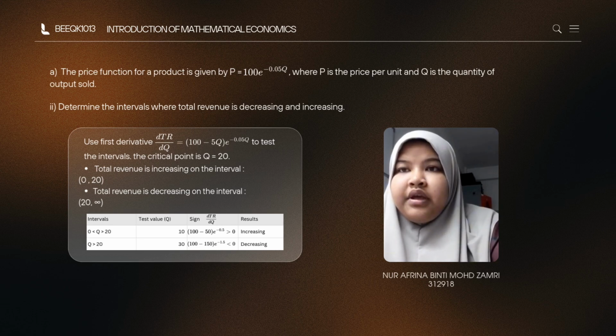The critical point is 20. We need to make the table shown below, and then we get the answer. The total revenue is increasing on the interval 0 to 20, and the total revenue is decreasing on the interval 20 to infinity.